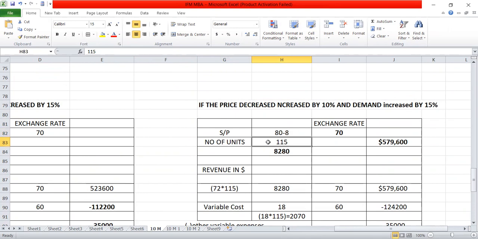Now demand will be increased by 15%, because they said 1.5. So 15% increase means it becomes 115. Now very simple, 72 into 115, you can see this formula, that is 8,280. At the exchange rate, that is 5,79,600.